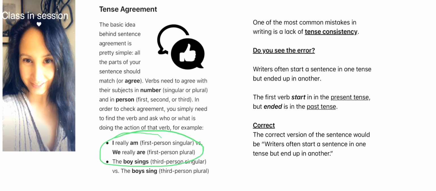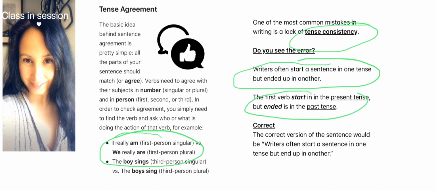One of the most common mistakes in writing is a lack of tense consistency. Do you see the error over here? Writers often start a sentence in one tense, but end it up in another. Now remember, tense is your time. The time is either the past, the present, or the future. The first verb start is in the present tense, but end it is in the past tense.